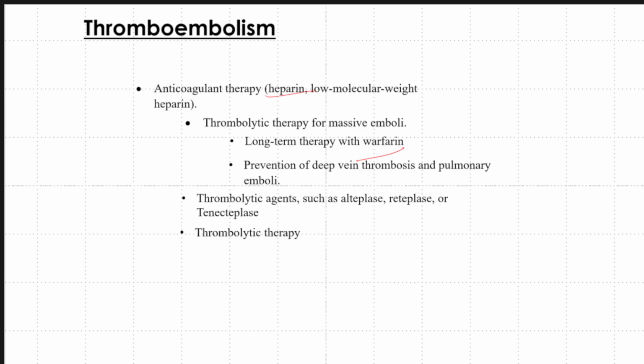Those are your strong thromboembolic agents. Now, when you have a patient that is undergoing heparin, warfarin, or all of this as a consequence of treatment for thromboembolism, you have to understand that the action of all of these drugs is either to decrease clot formation and increase the breakdown of clots.